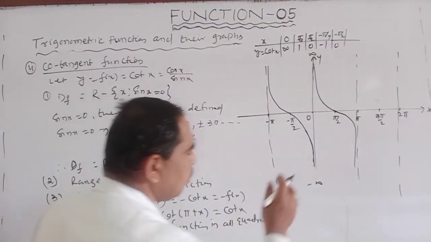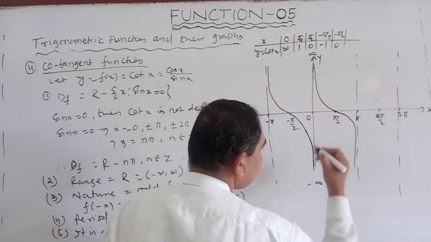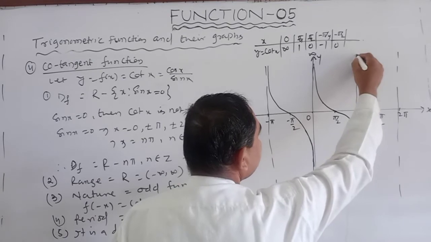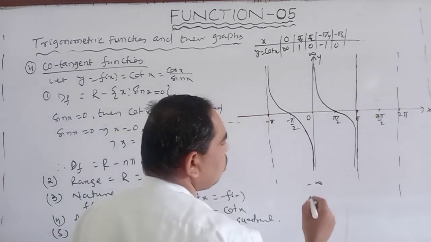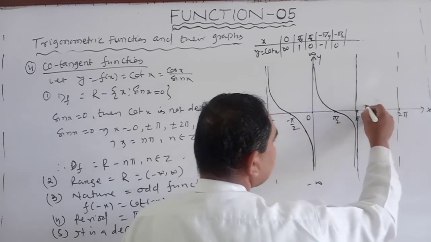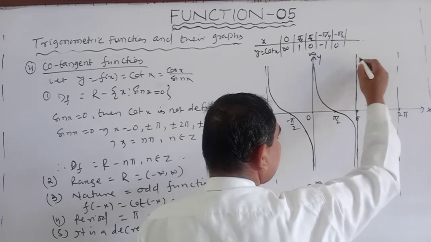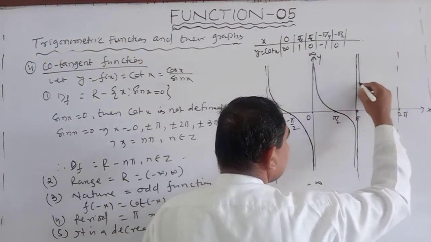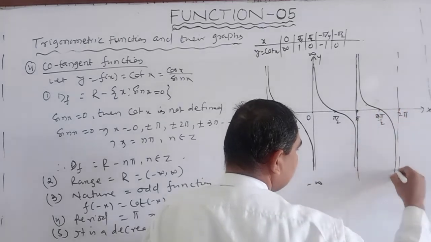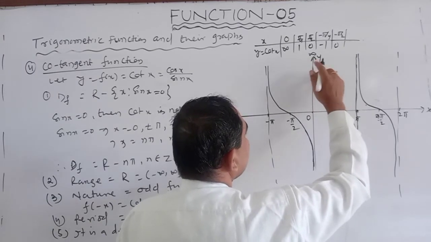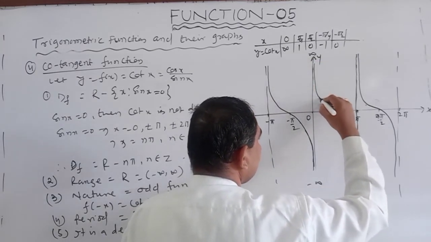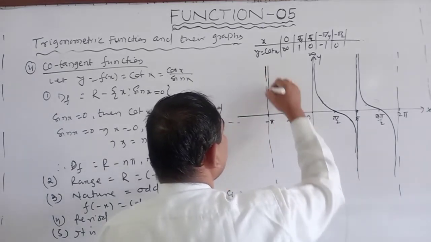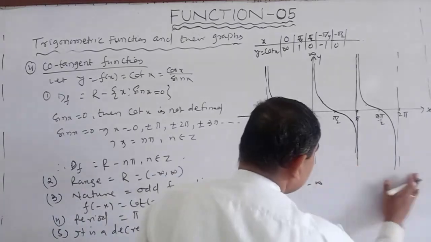This also, this is 0, this is plus 1, cot 3 pi by 4 is minus 1, cot pi is plus infinity. Okay, this is the cot function.